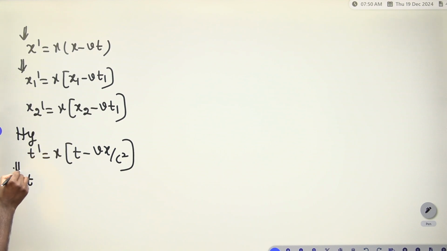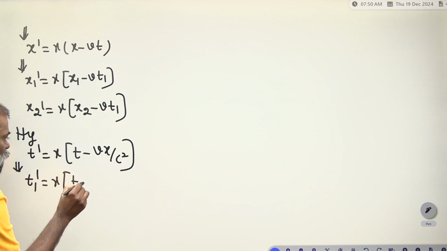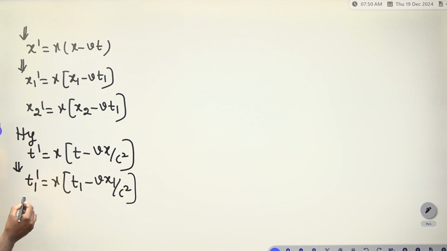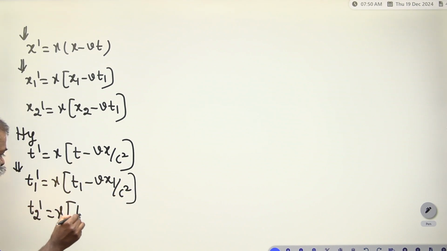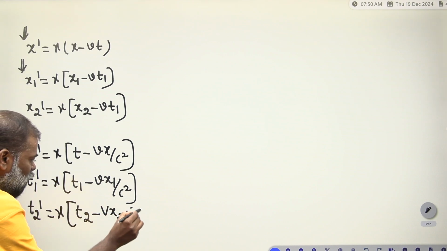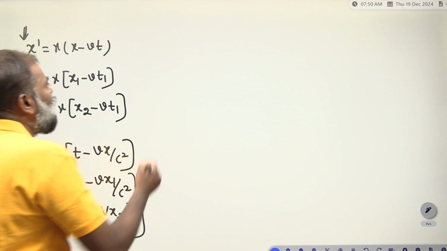Therefore t1 dash is equal to gamma into t1 minus vx1 by c square, and t2 dash is equal to gamma into t2 minus vx2 by c square.